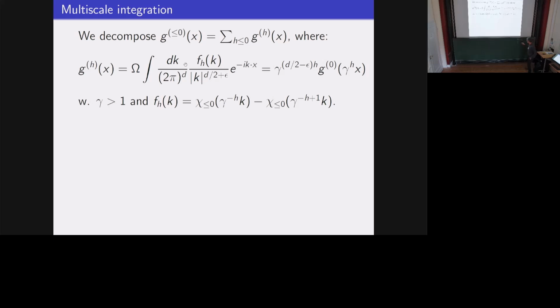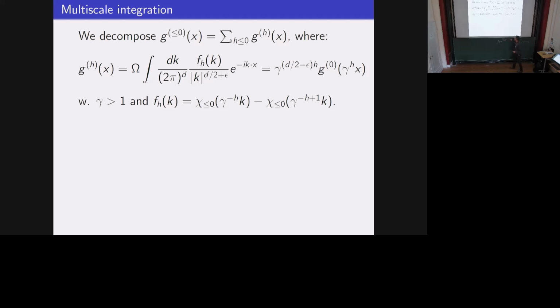Somehow one slices momentum space in slices in which k is of order gamma to the h. Gamma is a scaling parameter, whatever you like, say 2, 4, 3, square root of 2. h is a negative index, which is the log of the momentum scale. One convenient way of slicing is to rewrite the chi, this cutoff function appearing in the propagator, in a telescopic way.